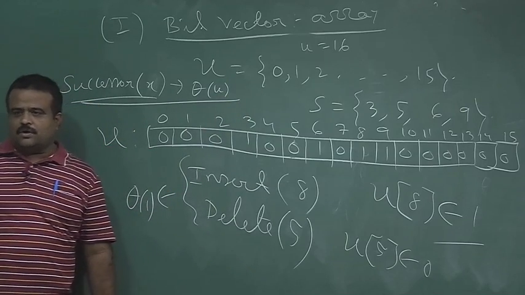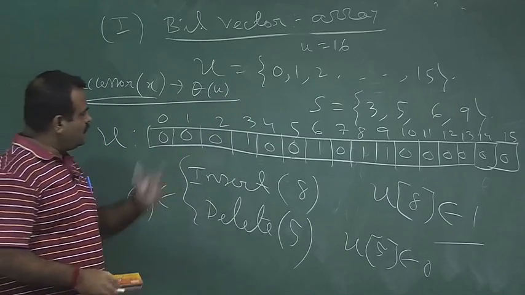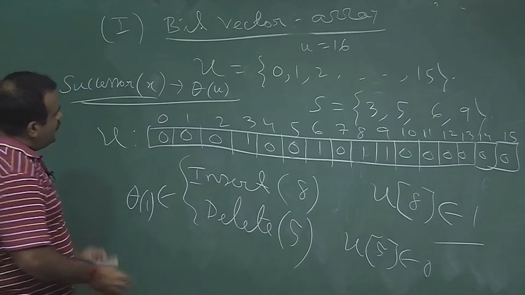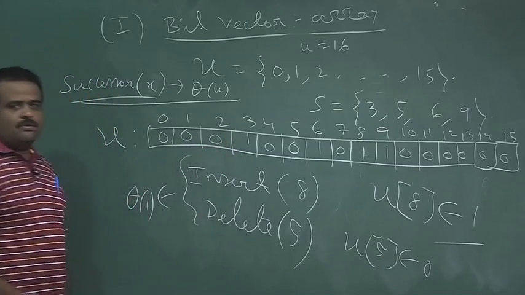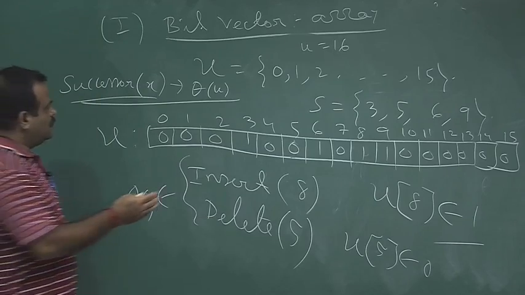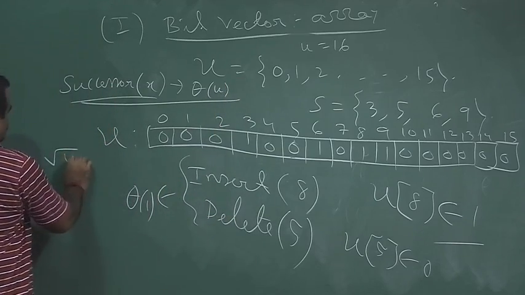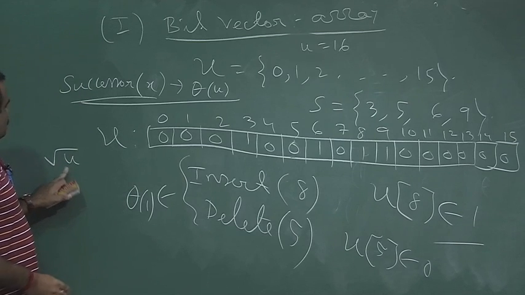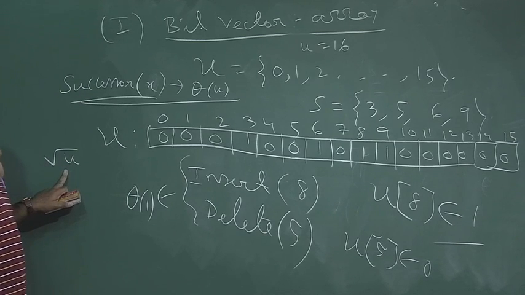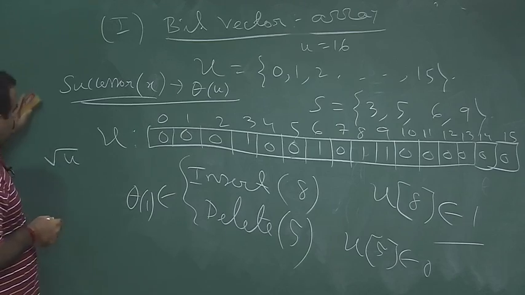But we want to do it in a better way. So, what we do is divide this array into blocks. This is 16, so we divide the array into blocks, each of size root u. The block size is root u. So, that we will do.